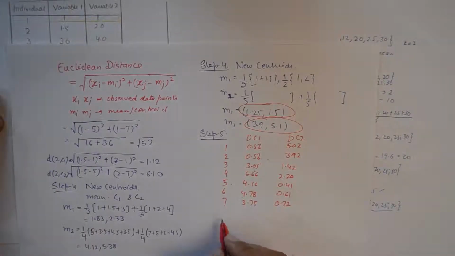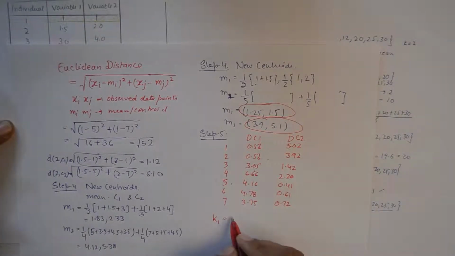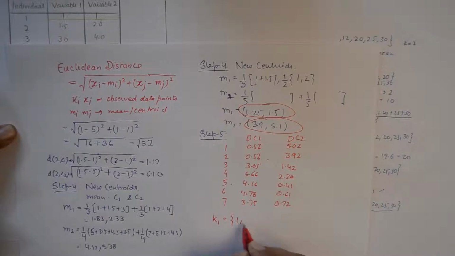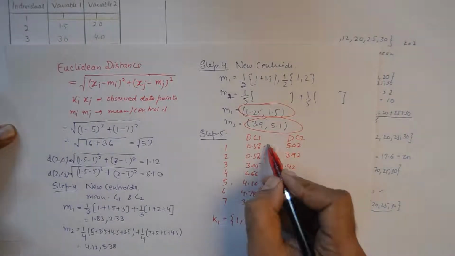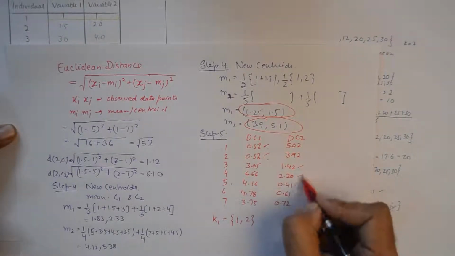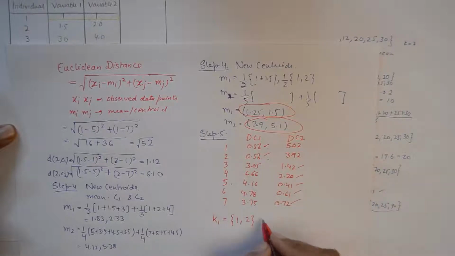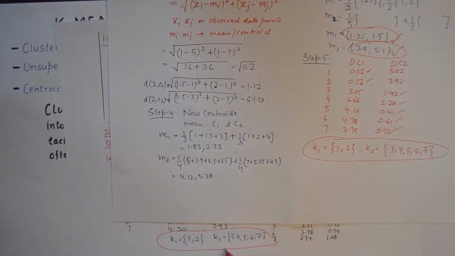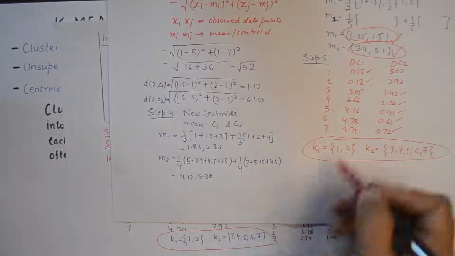Now finally, cluster 1 is composed of data points 1 and 2. Distance is small here, and distance is small for the rest of the points for cluster 2. So 3, 4, 5, 6 and 7 fall into cluster 2. Now you see that step number 4 and step number 5 have not changed.